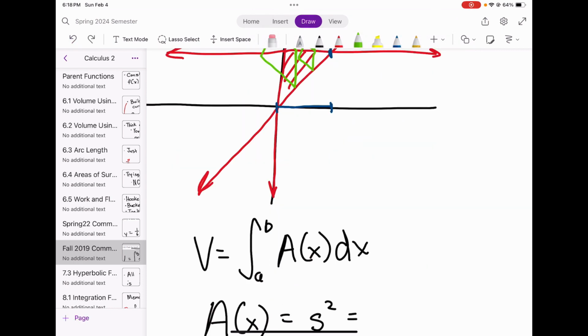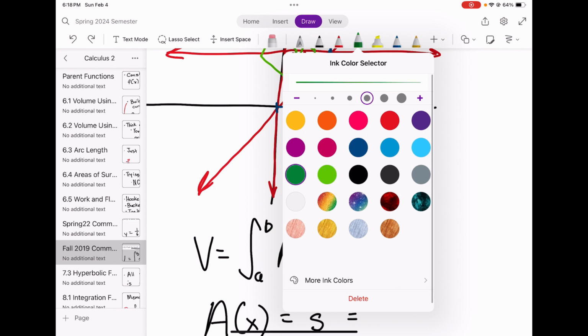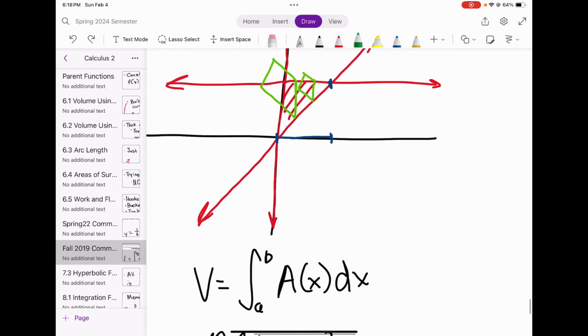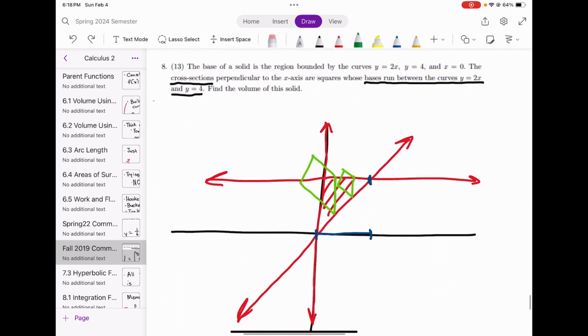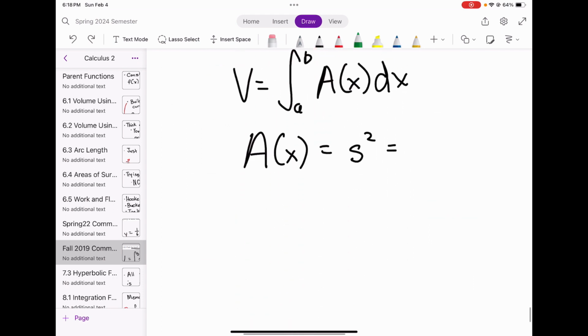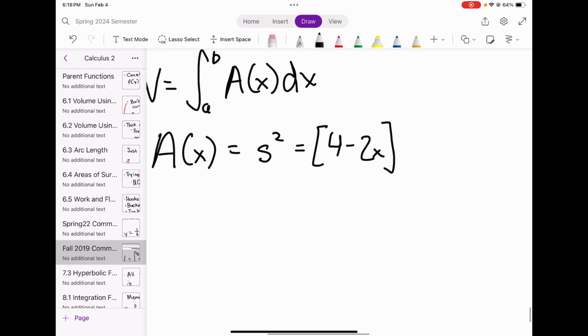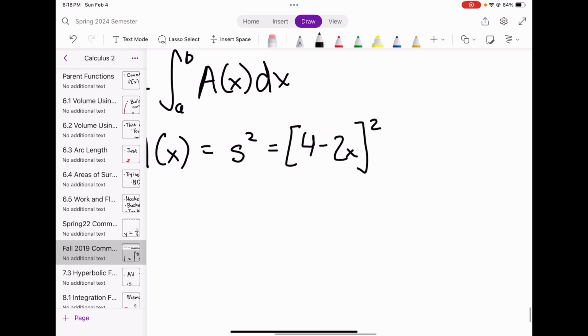Let me use a little different color, darker green, so you can see it. This part right here is the base, the difference between this top function, y is equal to 4, and this bottom function, y is equal to 2x. So let's write that: 4 minus 2x, squared. And that's what A of x is.